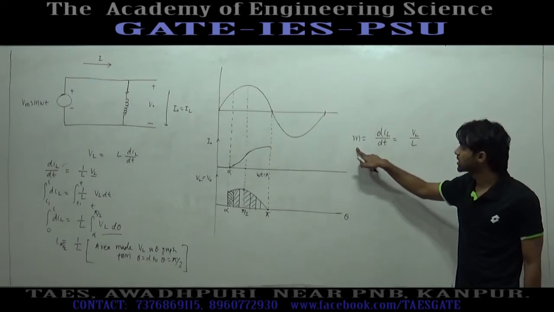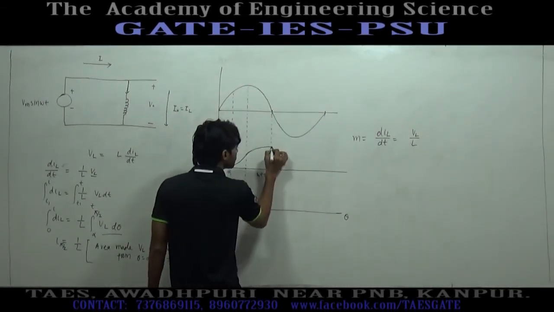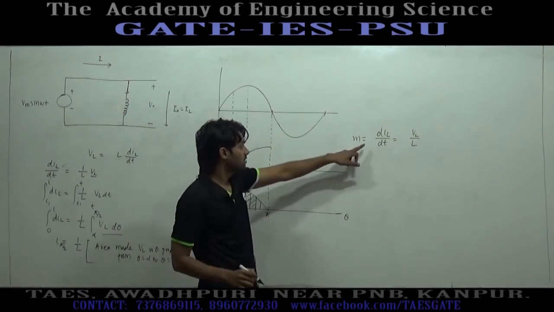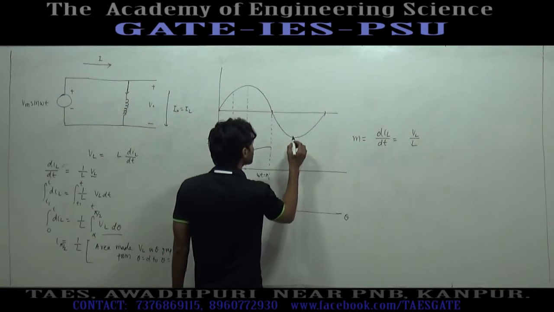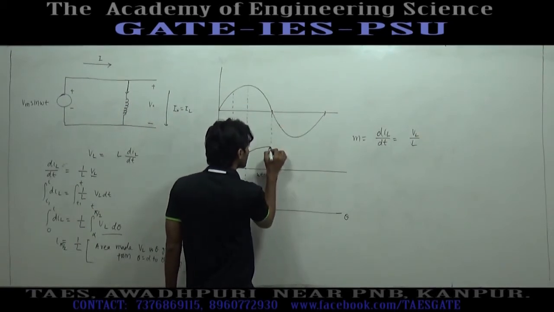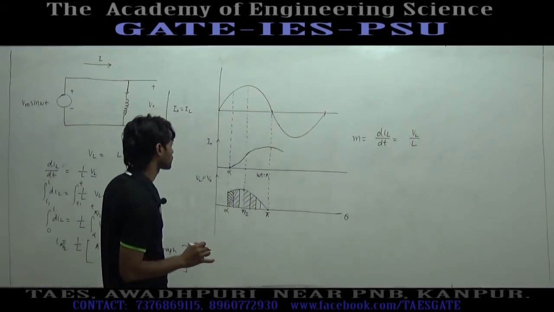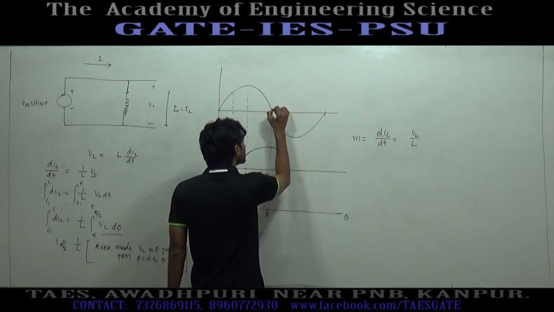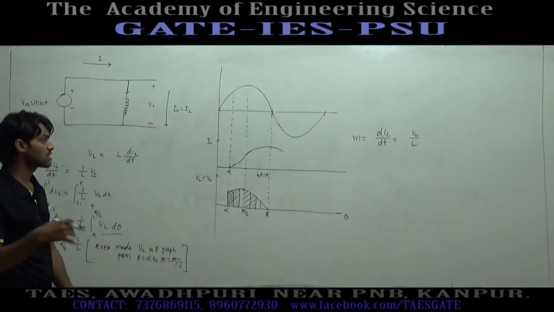So if the voltage is negative, the slope is negative and the inductor current will start decreasing. Now the change in inductor current is decided by the area made by the inductor voltage graph.